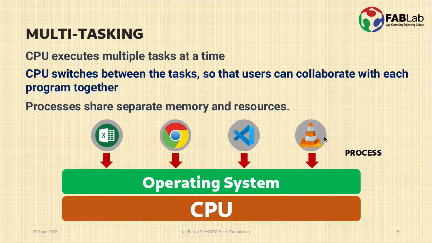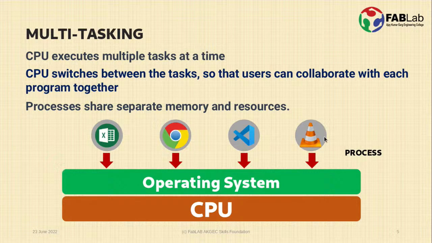This is basically known as multitasking, and in multitasking the CPU switches between the tasks so that users can collaborate with each program together. Generally, this is the case when we are using unicore processors like microcontrollers or the older processors which come with a single core.